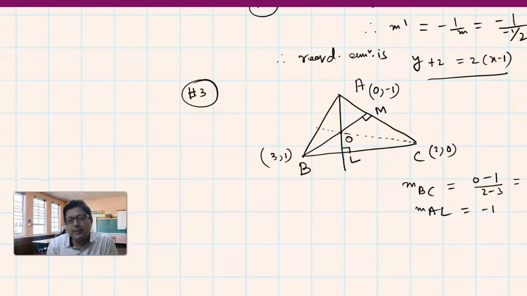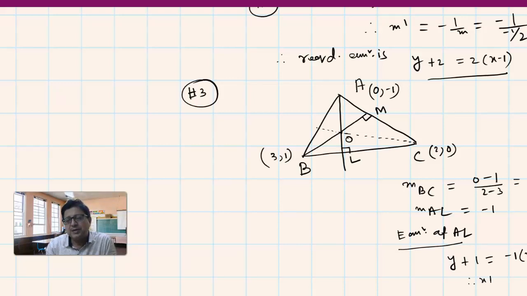Now what is the equation of AL? By the one-point formula, y minus 1 equals m into (x minus x1), so x plus y plus 1 equals 0.